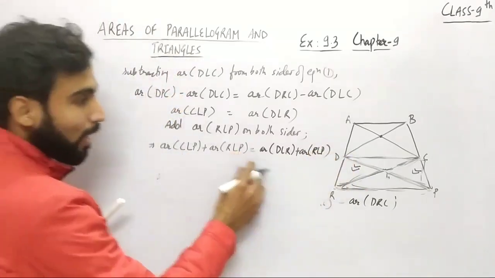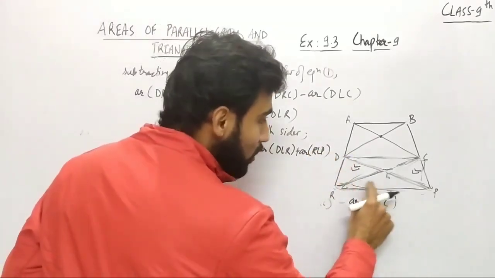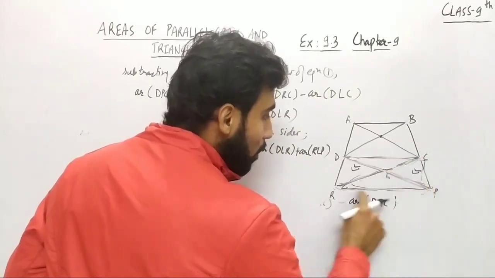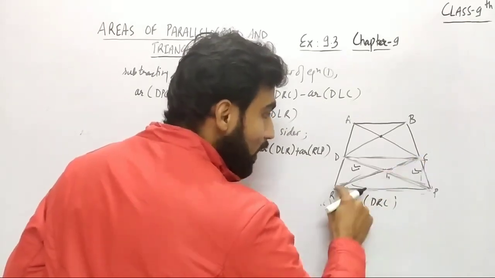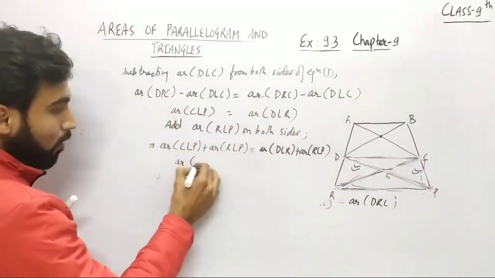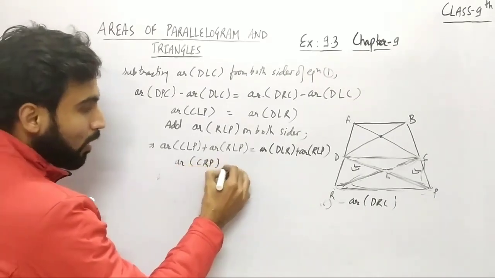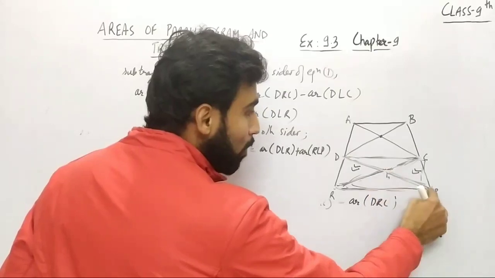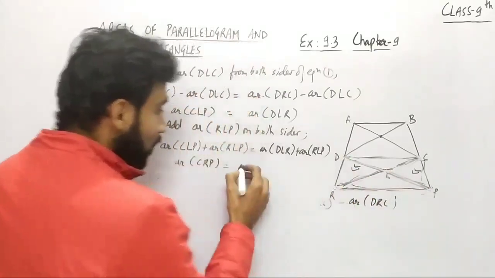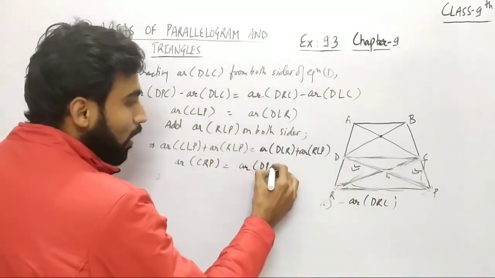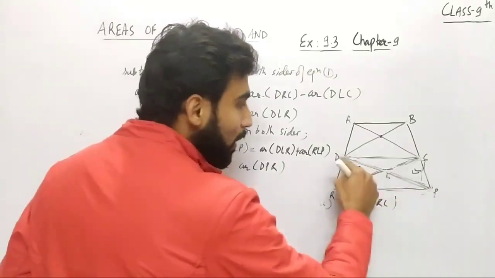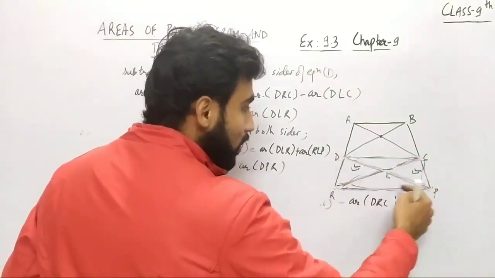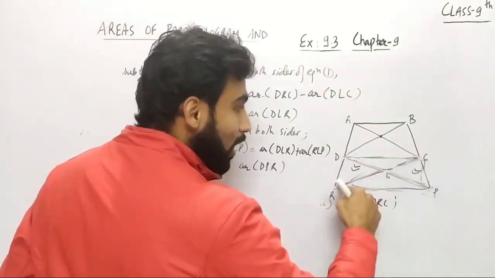Obviously, let me mark that. CLP plus RLP, that is CRP. That will form CRP, and DLR plus RLP will form DPR. So that will be DPR. Now you can see DPR and CRP.